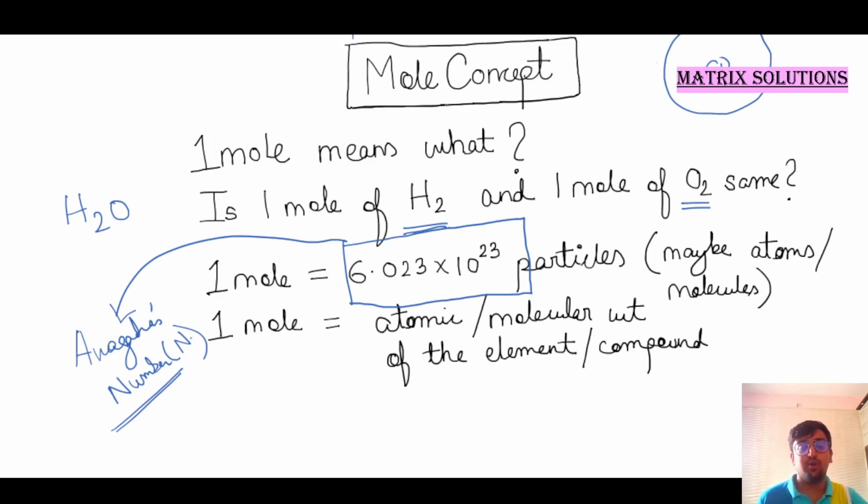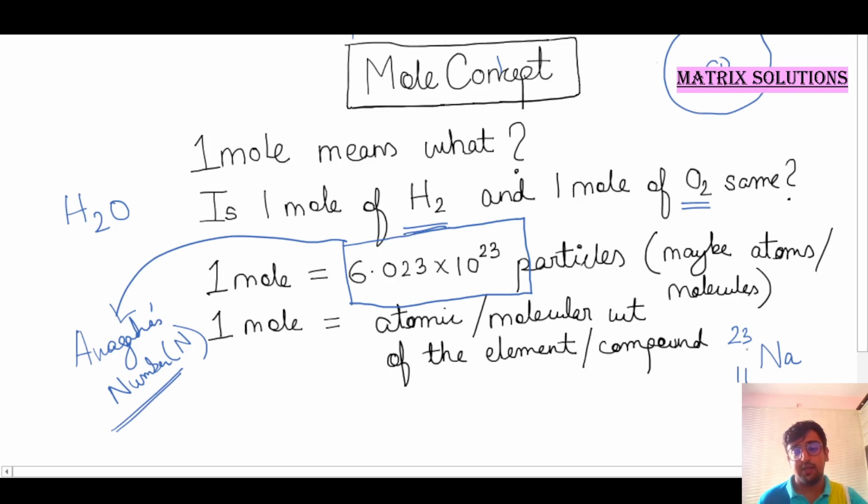So what is the atomic weight? You know that every element can be represented like Na 23, 11. It represents the atomic mass or atomic weight of the particular atom. And what is that in the case of a compound like H2O?